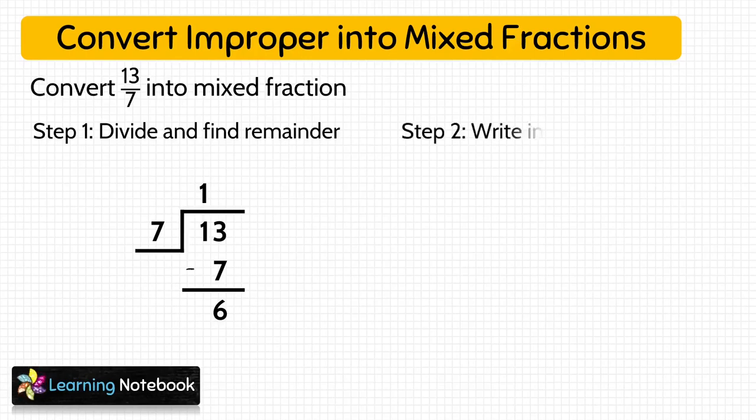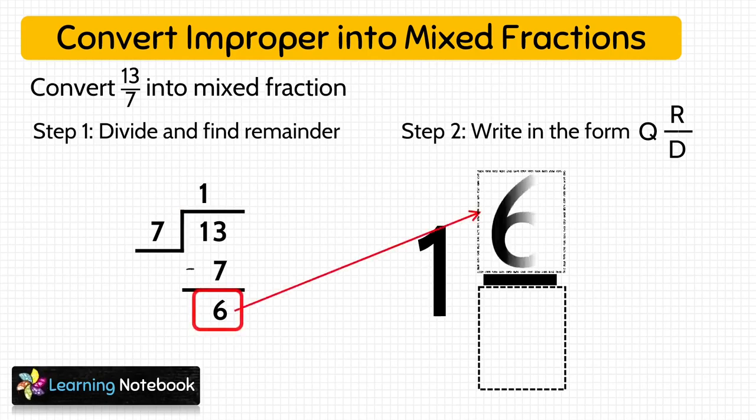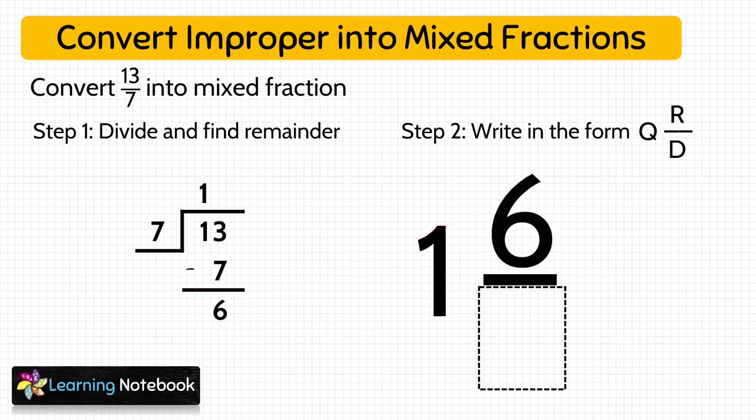Now let's move to step 2. Write in the form of Q R by D, where Q is the quotient, R is the remainder and D is the divisor. So here the quotient is 1, remainder is 6 and the divisor is 7.